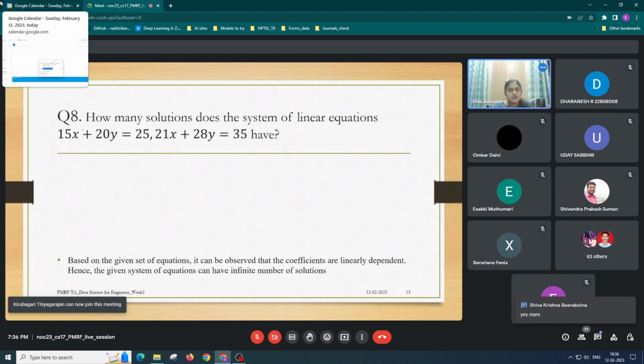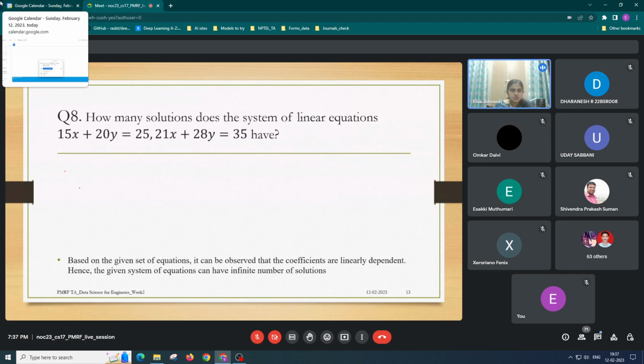So how many solutions does a system of linear equations, these two equations, have? You can just write this in the form of certain matrices.